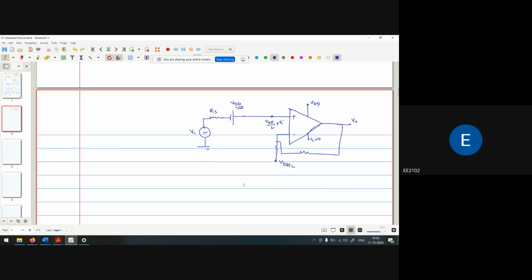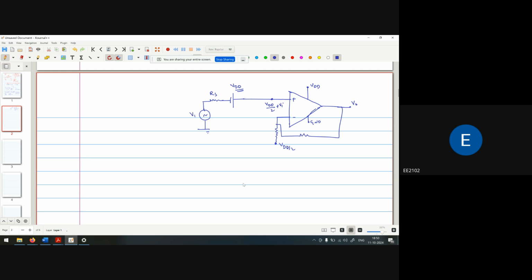Now the second way is that I remove this particular battery. In the place of this, this is my V1, RS. I am using a capacitor. This is the electrolytic capacitor, so this is the symbol of the electrolytic capacitor.